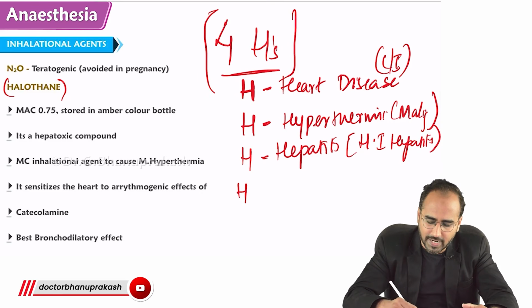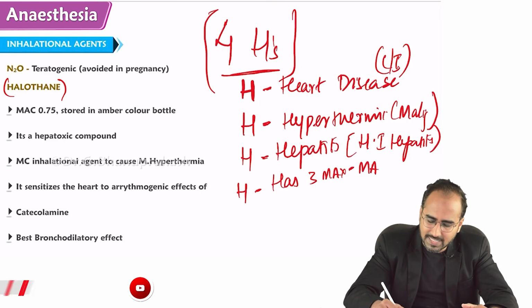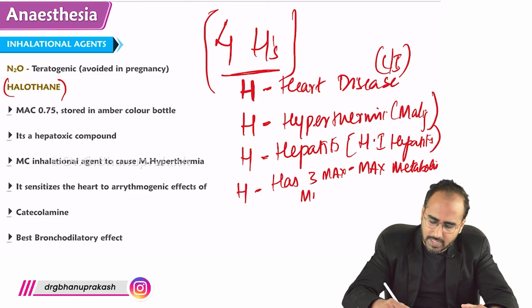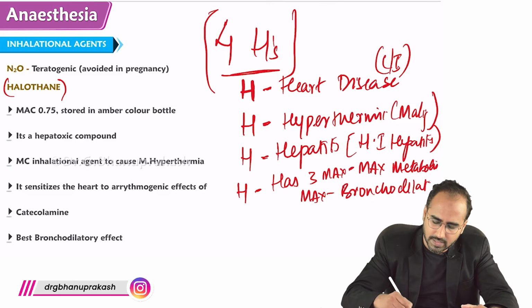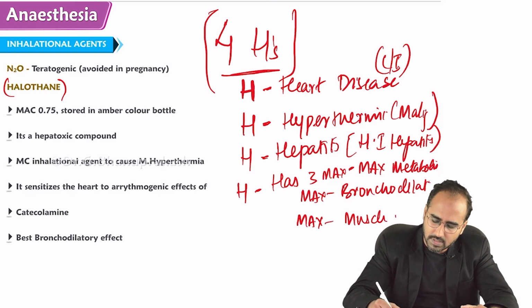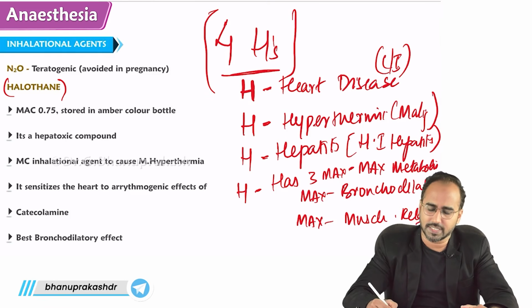The last H of halothane: halothane has 3 maximums. What 3 maximums? Maximum metabolism in the liver. Next, maximum bronchodilation. And third, maximum muscle relaxation.